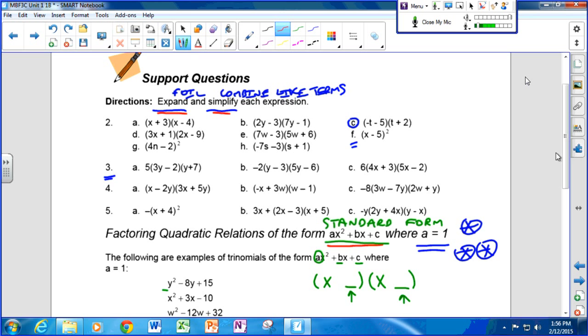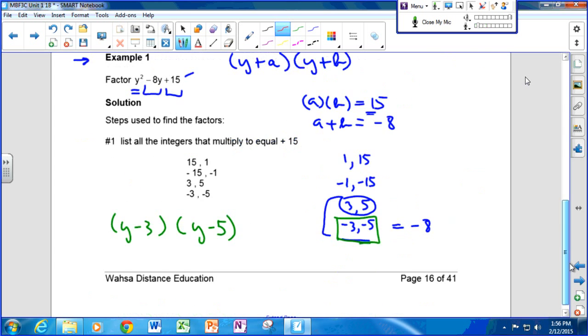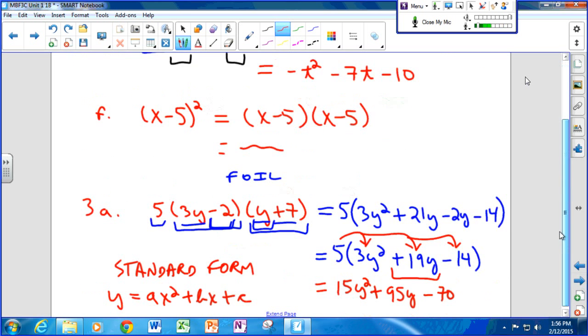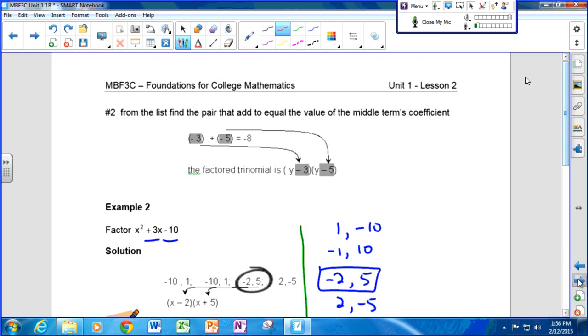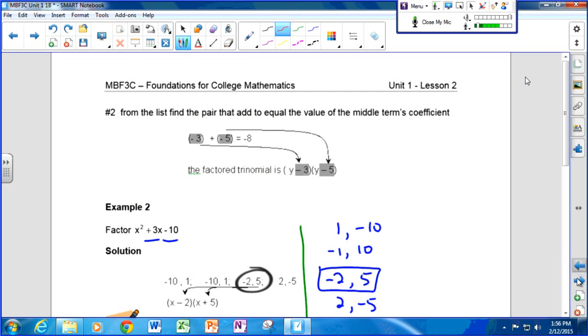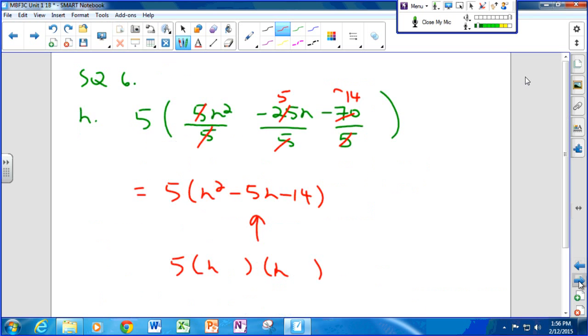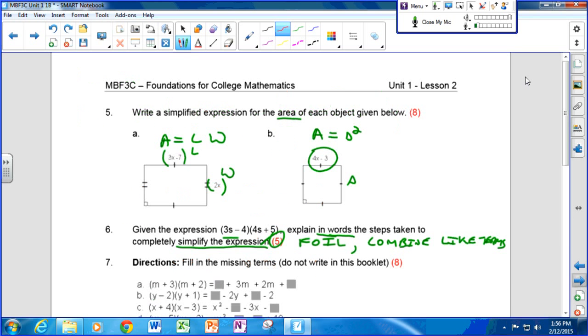Okay, so give a few of these a try, especially the weird ones like this. Look up the answer in the back of the text or in the back of the unit, and see how you did. Okay, and again, then you can send in your work. You can send in the key questions one at a time. I know some students like to save the whole thing and send in the whole unit. The problem with that is if you're on the right track, it works great.